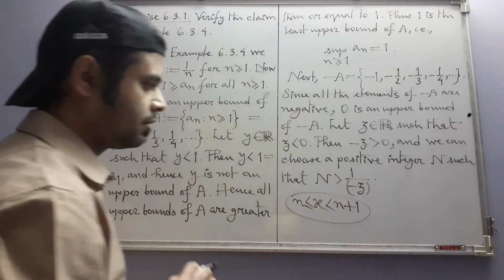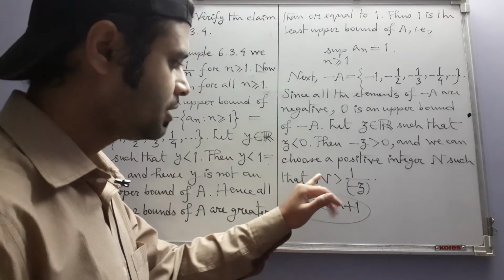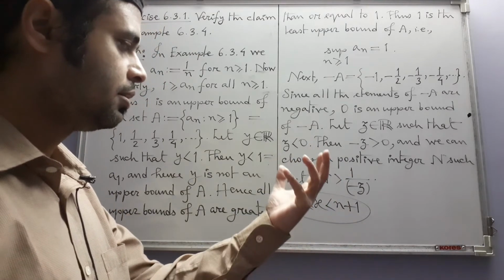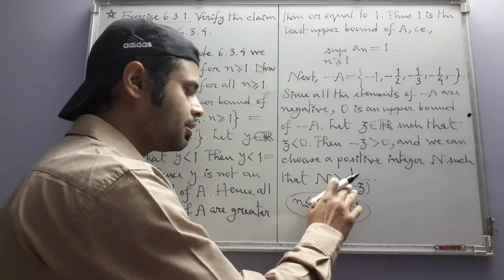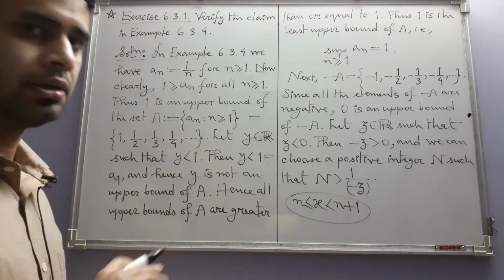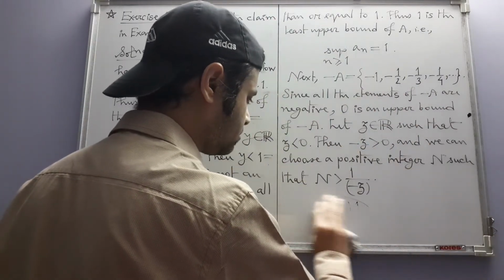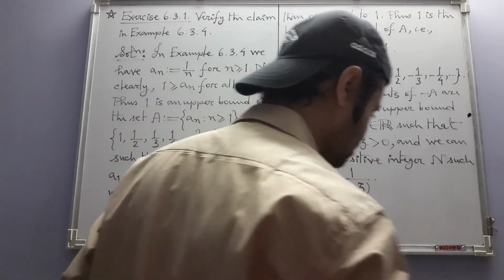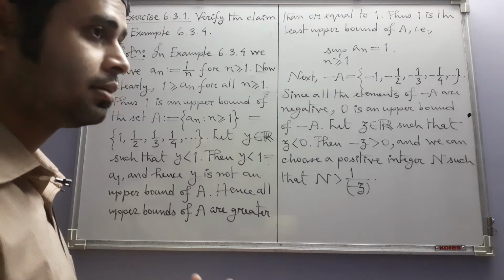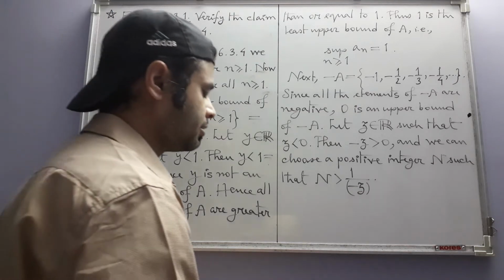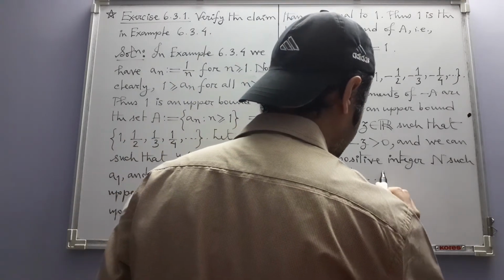In that result, a part says just this, that you can always find a positive integer greater than any given real number. You fix a real number, you always get a positive integer greater than that. Which can also be concluded from the Archimedean principle. So we will always have a positive integer like this.